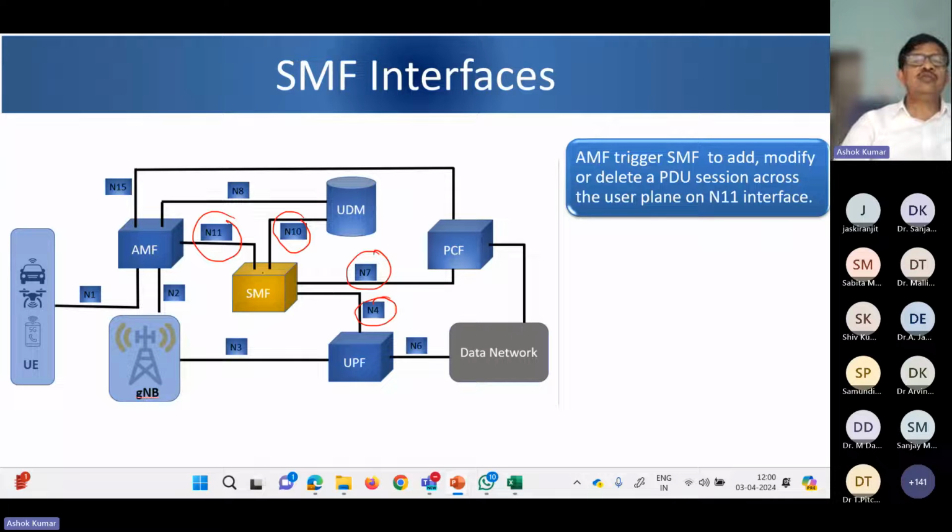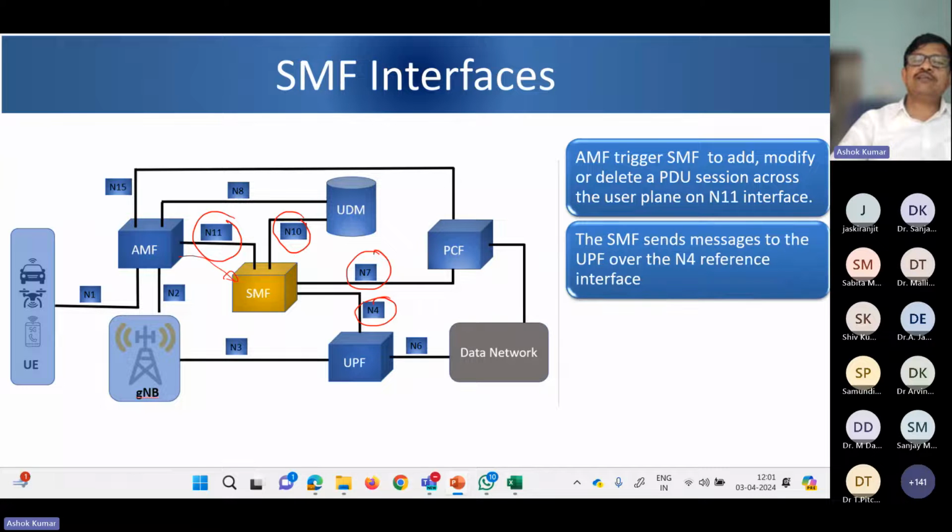So basically, if you look at AMF and SMF interface, which is N11, right? In this case, as we discussed, whenever there is a requirement of creation of a PDU session, or addition or deletion of a PDU session, modification of a PDU session, AMF is giving direction or requesting SMF to do that on N11 interface.